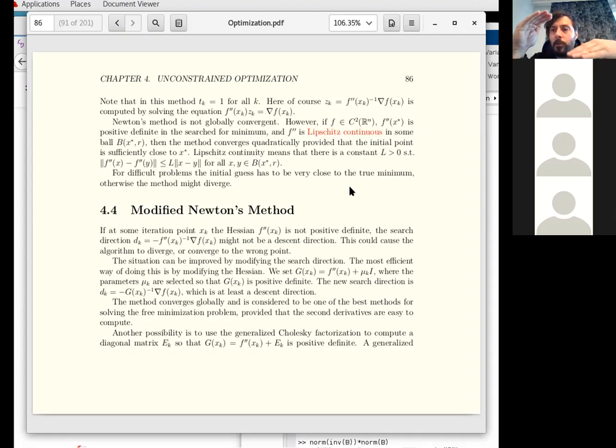because the cube root approaches 0, and it's defined also for negative values, but the derivative approaches infinity at the origin. So if you calculate that, it looks something like this.